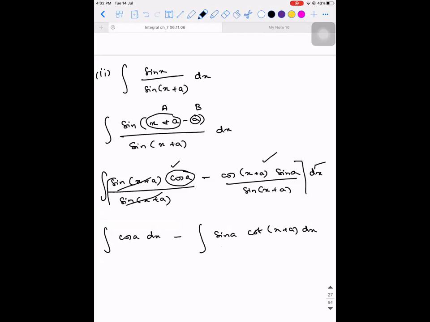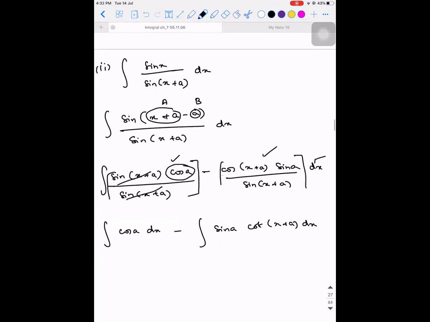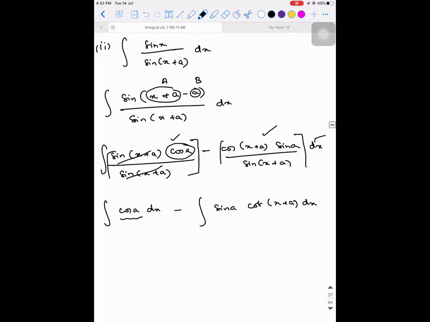Can I write it like this? Because this whole thing is one function, this whole thing is another function. So I am integrating cos a with respect to x. With respect to x, cos a is constant, so the integral of dx, minus, with respect to x, sin a is a constant, the integral of cot of (x plus a). Now is it clear?